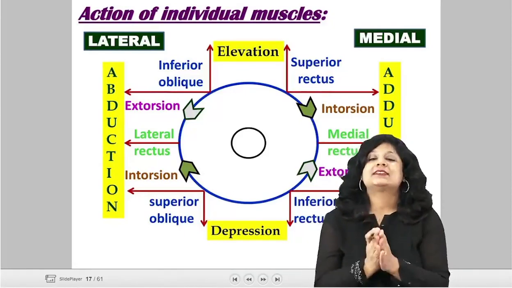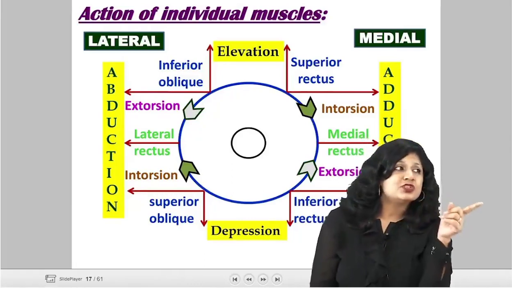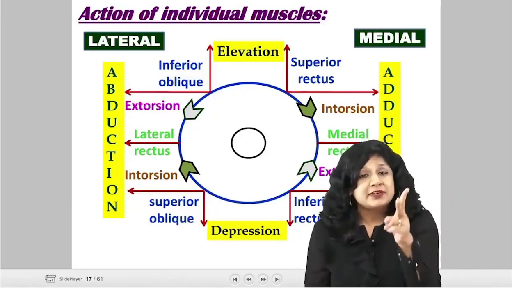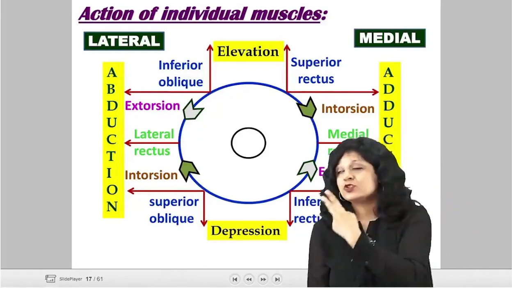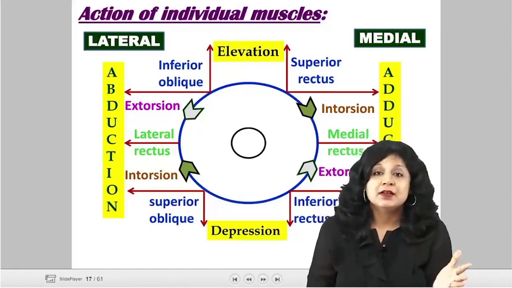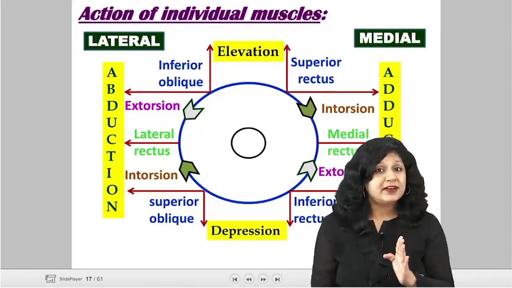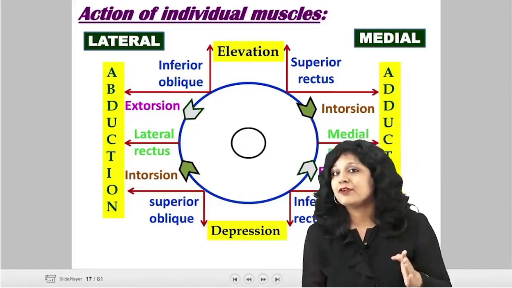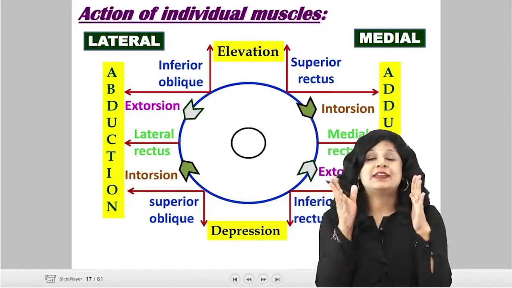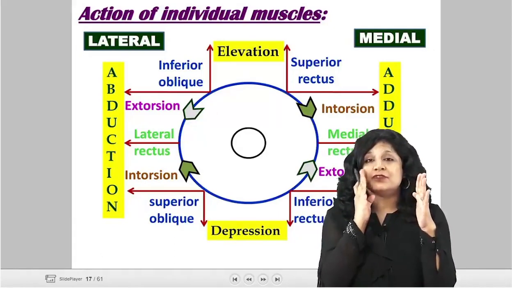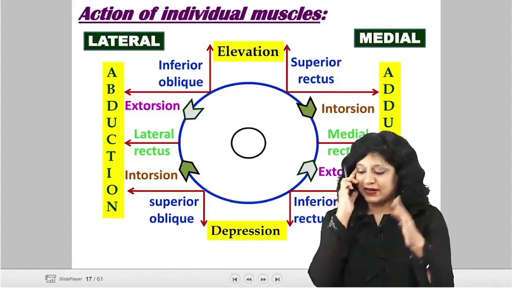Suppose I want to test the medial rectus, I just ask the patient to look medially. If I want to test the lateral rectus, ask the patient to look laterally. That's simple. But what about superior and inferior rectus, superior oblique and inferior oblique? Now, how will you test them? The rectus muscles work best in the abducted eye.